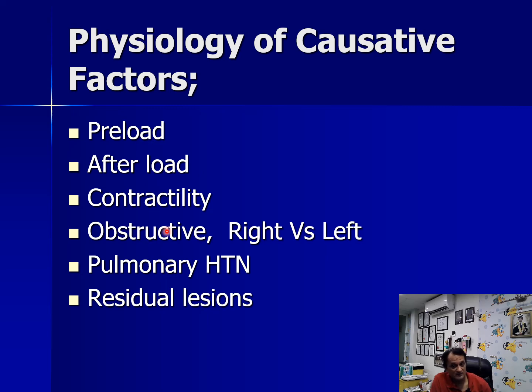And if you have optimized everything, maybe the patient has a residual lesion, so repeat the echo and convince the surgeon, especially if you may have a residual VSD in a tetralogy of Fallot, which is causing low cardiac output. So think about that. Maybe the job has not been done appropriately in the cardiac OR.